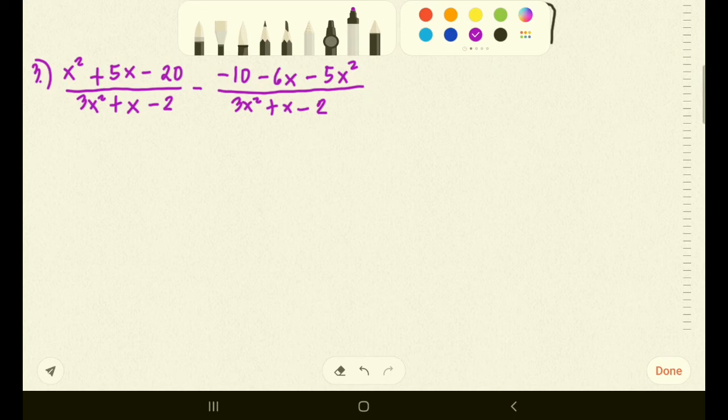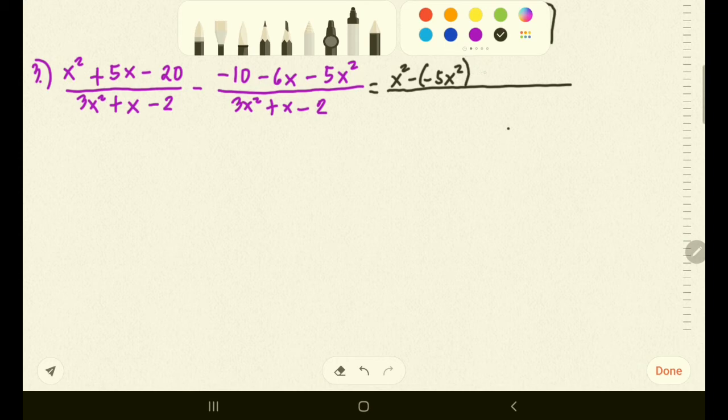As you can see, they have the same denominator, which is 3x squared plus x minus 2. So definitely we're going to subtract the numerators directly. Okay, subtract the like terms. First, x squared minus its like term, which is negative 5x squared.